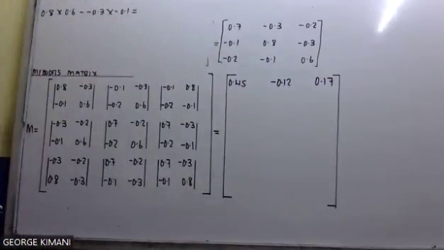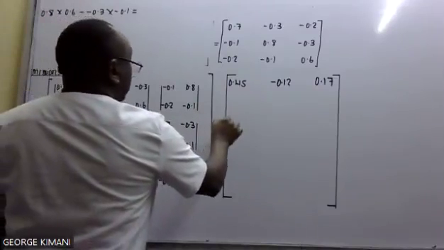On the next one. Minus 0.3 times 0.6 minus 0.2 times minus 0.1. That is 0.2 minus 0.02.